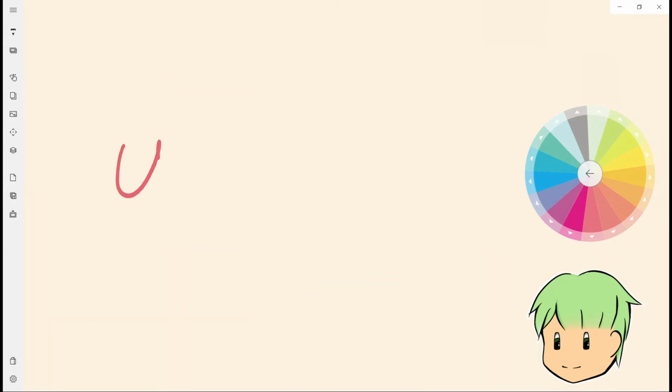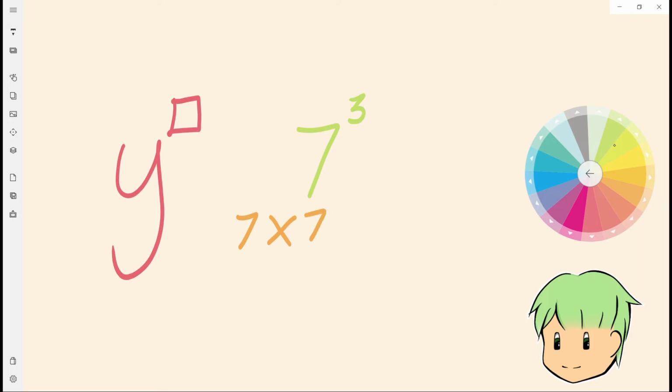You all have probably seen this thing in one of your books. There is something written on top right of the number or letter, like 7 to the power of 3, which means 7 is multiplied to itself 3 times. 7 times 7 times 7, which is 343.